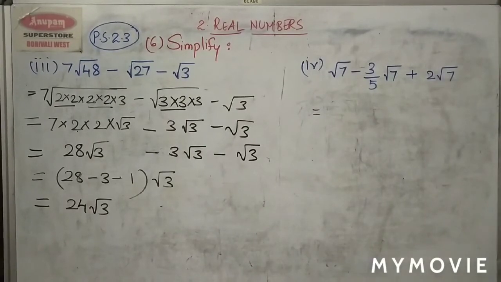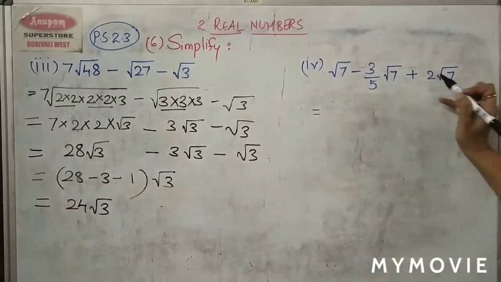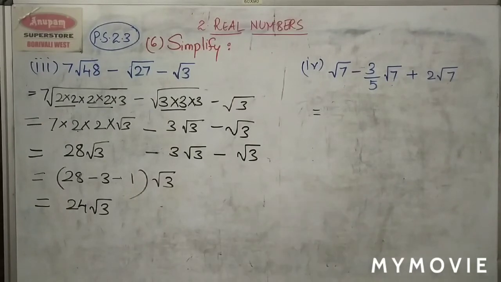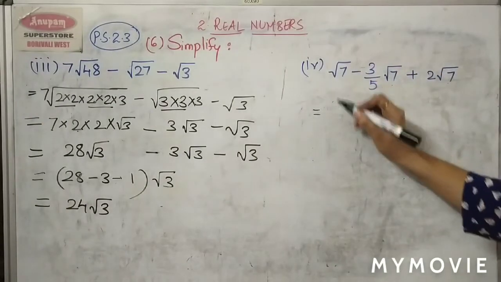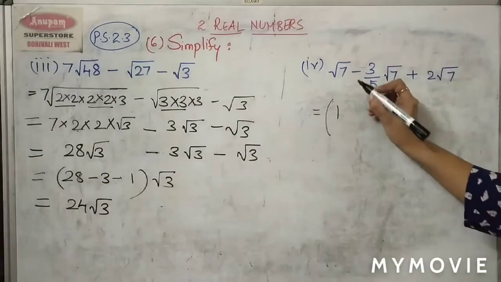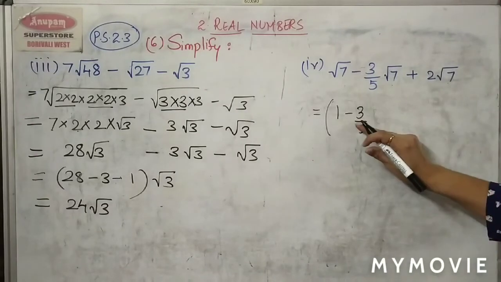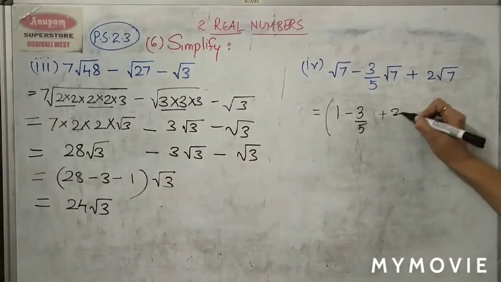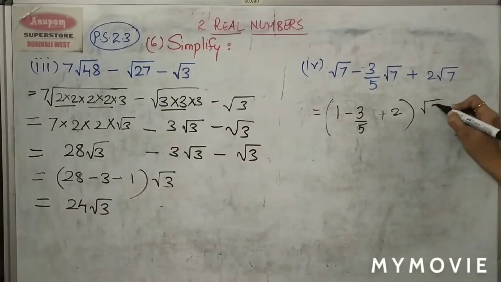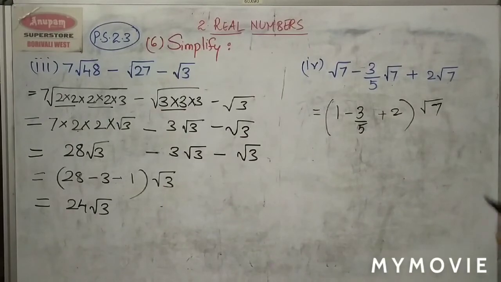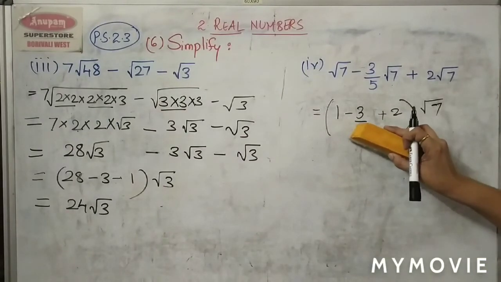In the next part, we have root 7 and root 7. So there is no problem about it. Now we just have to add or subtract the outer numbers. There is no number here, that means there is 1. There is a fraction here, that is 3 upon 5. And there is 2 here, plus 2. And outside you have root of 7. Now, how do you add all these 3 numbers?